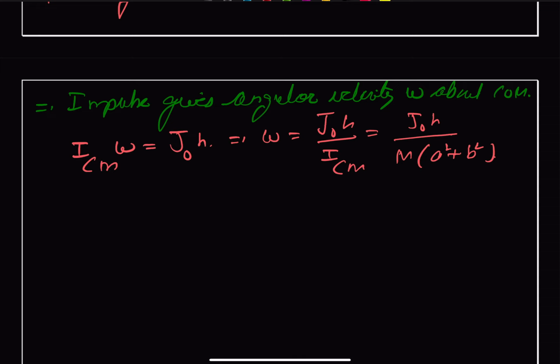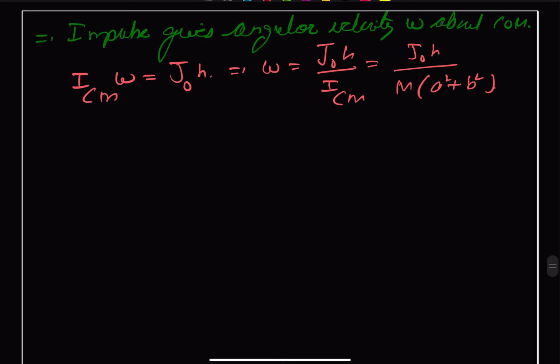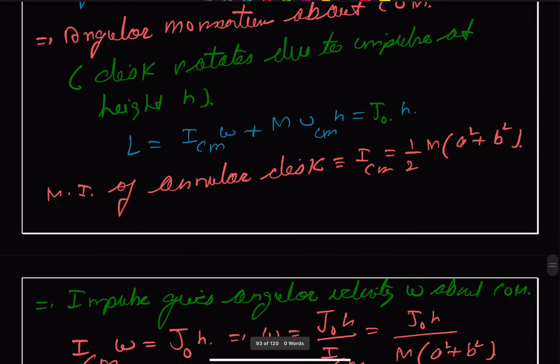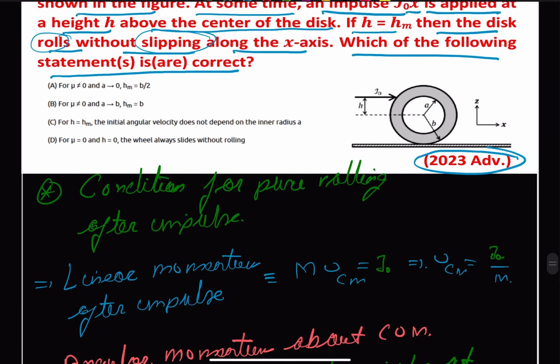Now it is rolling without slipping. This gives us that the velocity of center of mass will be equal to radius b multiplied by omega, because the disk is rolling along x-axis with respect to radius b. Okay, so it is moving in x direction and radius is our b.